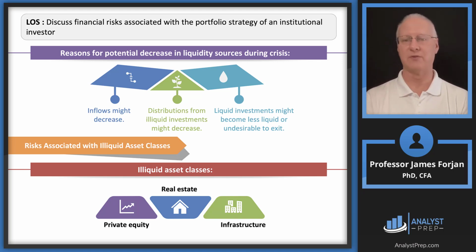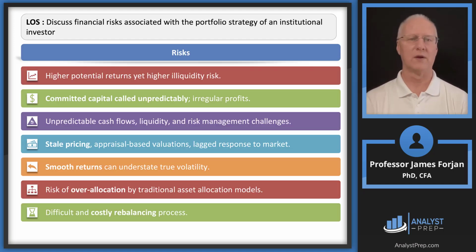So that extra compensation will compensate us for some kind of a liquidity event or a market event or a process event or whatever it is, either in the private equity market or infrastructure market or whatever other alternative investment market there is.